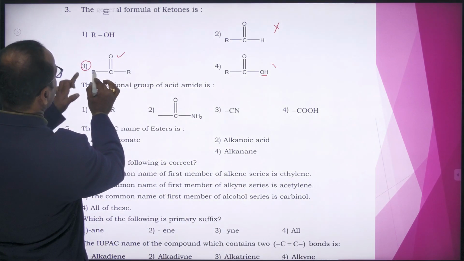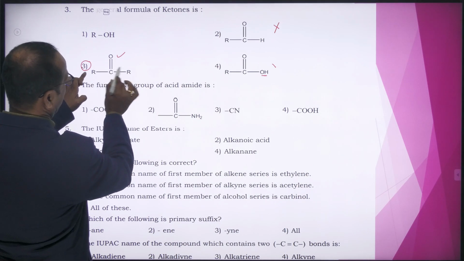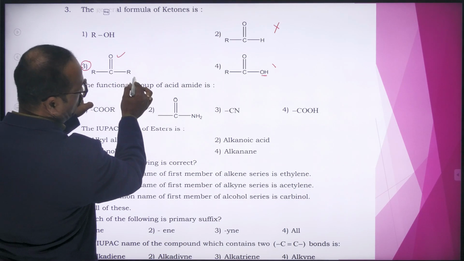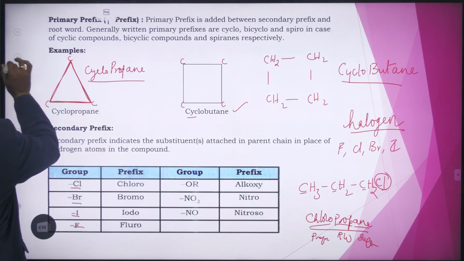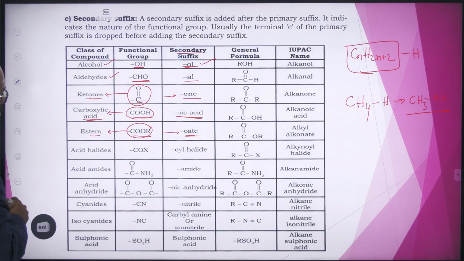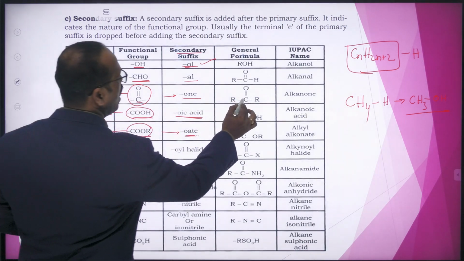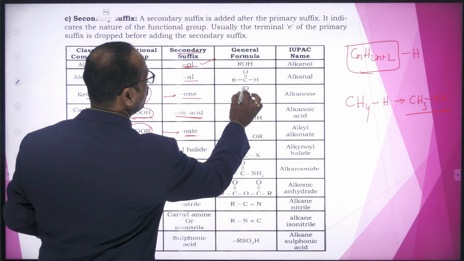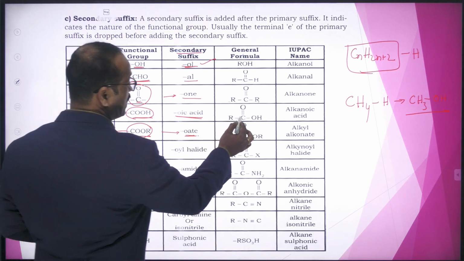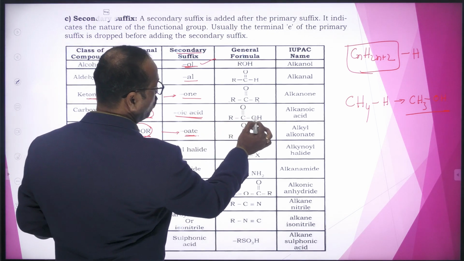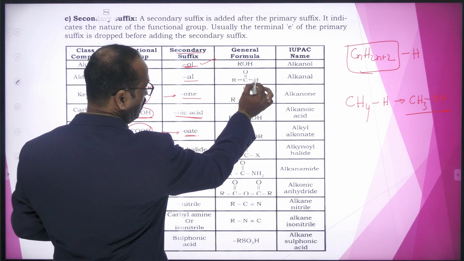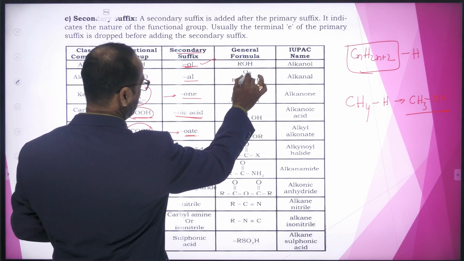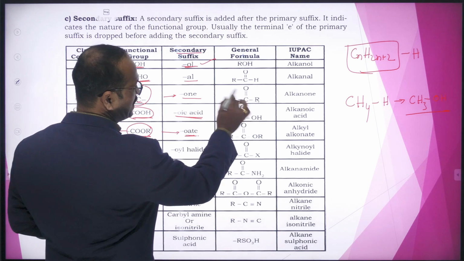Whenever the ketone is there, on both sides R will be there, like carbons or alkyl groups will be there. So this also you have to observe in the table. Here you can see R, R and only O. If C is attached with O and OH, this is called oic acid. And C attached with double bond O and H, that is CHO, that's called aldehydes. Students, this is very important.